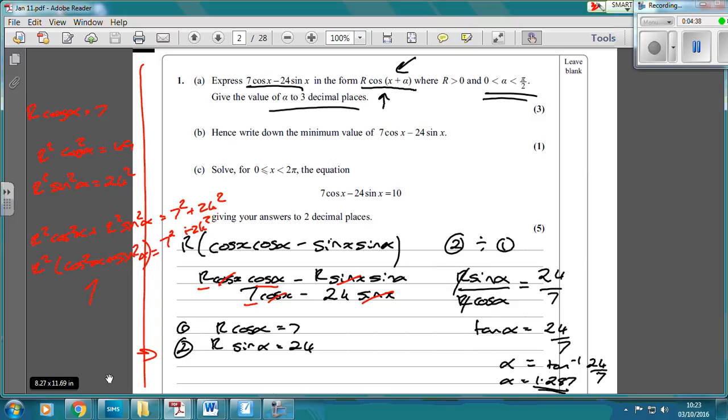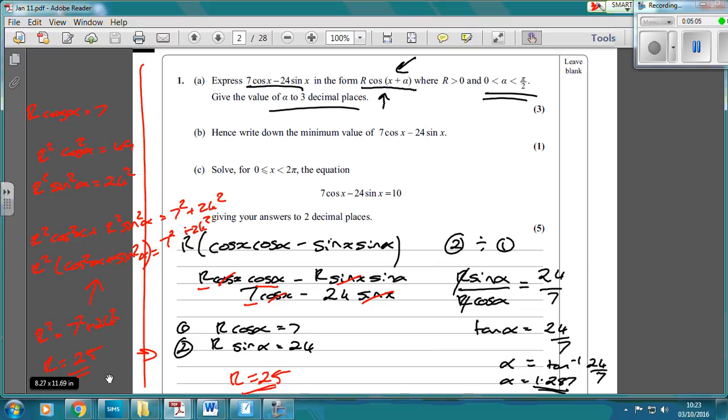And we should know that cos squared plus sin squared just goes to 1. So we've got r squared equals 7 squared plus 24 squared. So just do Pythagoras on that: 7 squared plus 24 squared, and do the square root, and we should get r equals 25.